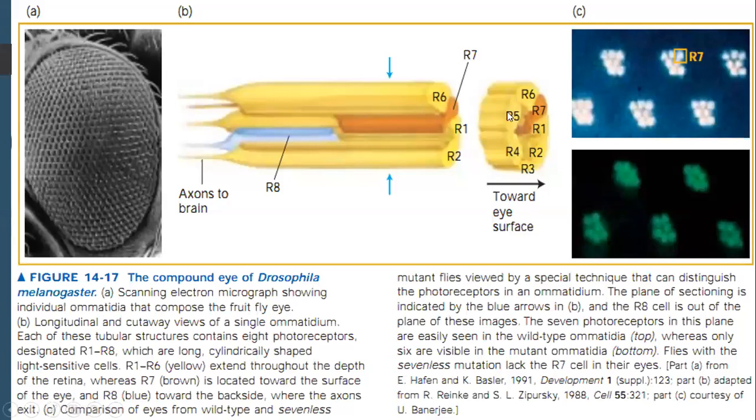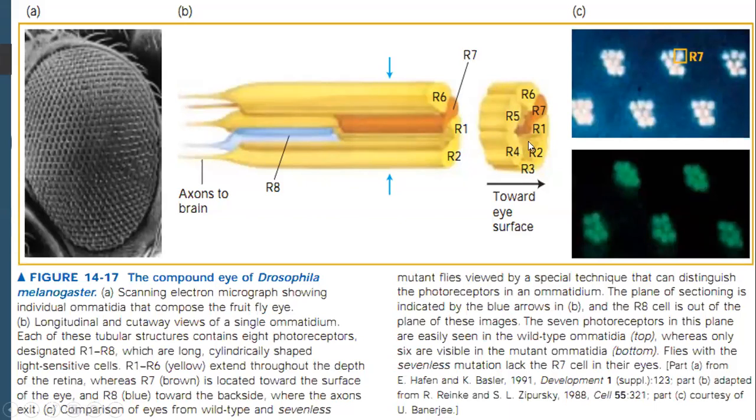On the outer side you can see no R8, so only 7 cells are visible on the eye, but actually they are 8. These 8 cells comprise one ommatidium along with some other cells, the cone cells.